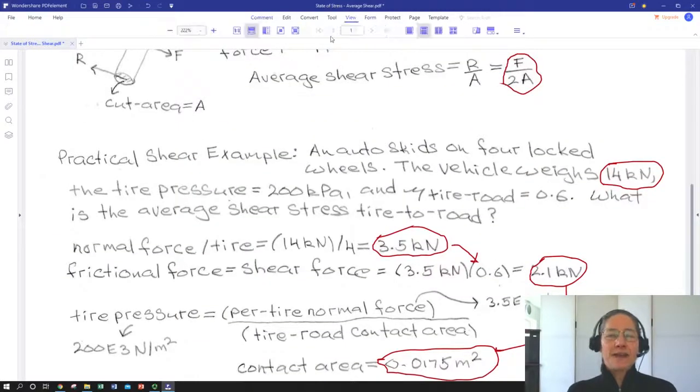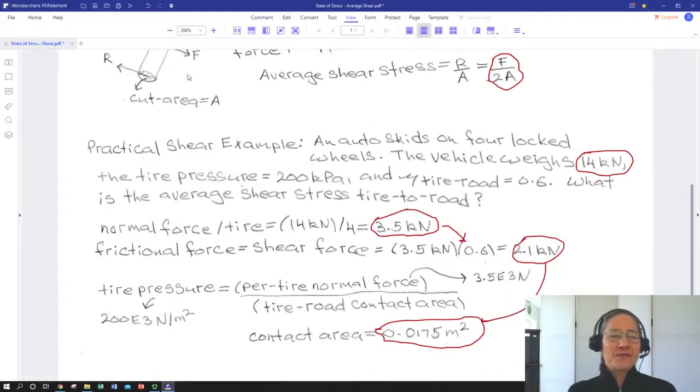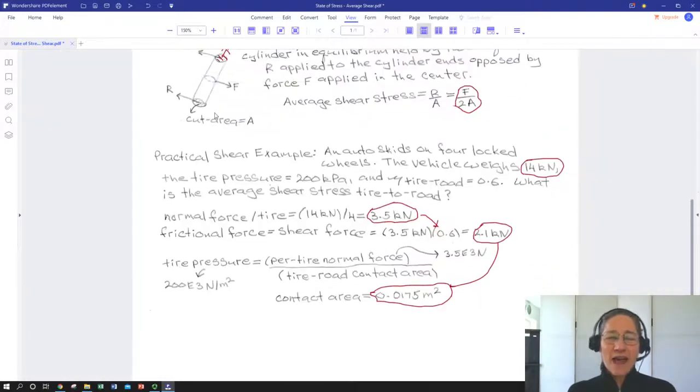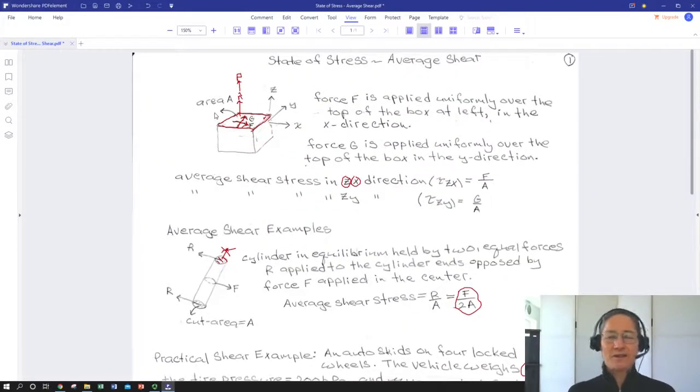So that is it for this very mini lecture on average shear stress. To recap, force parallel to the surface, which we can have in either of two orthogonal directions, divided by the area of that surface, defines shear stress.